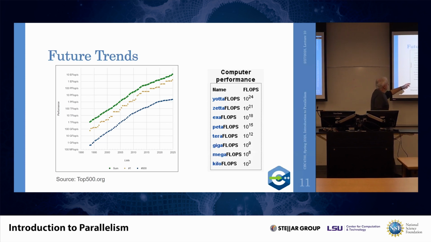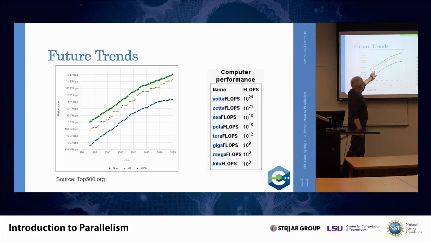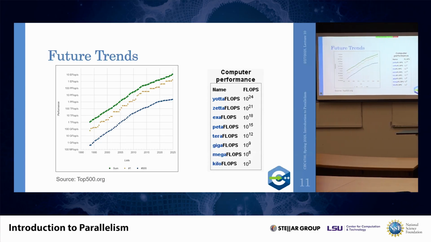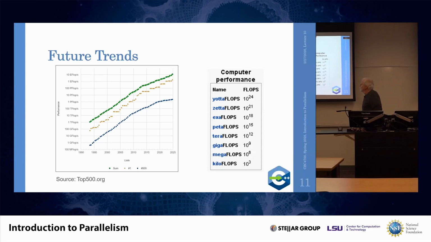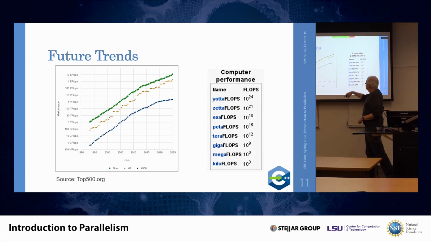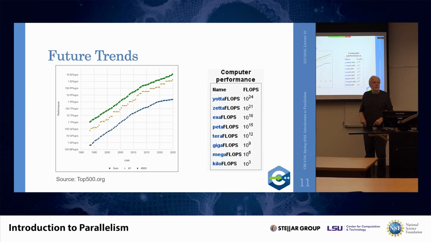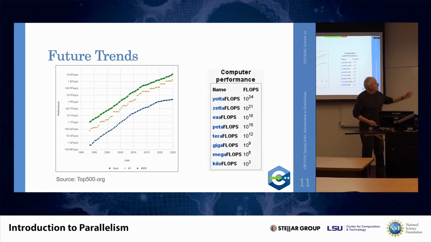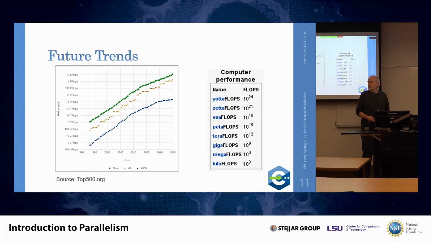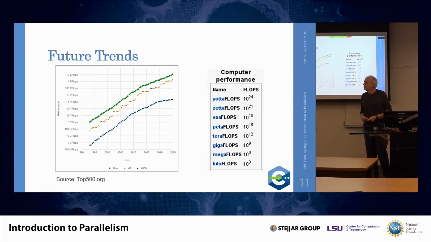You see 3 graphs. The orange one is the performance of the currently fastest machine we have. The blue line is the performance of the 500th machine in terms of performance we have. And the green line is the sum of all 500 machines in terms of computing power we have.